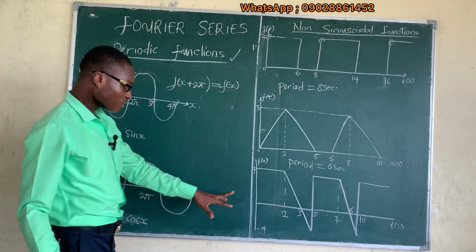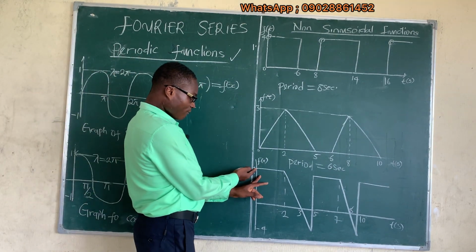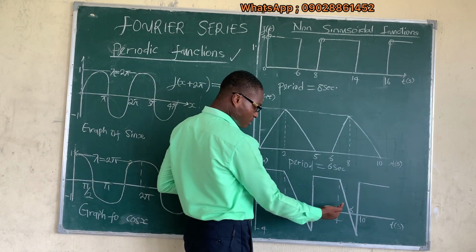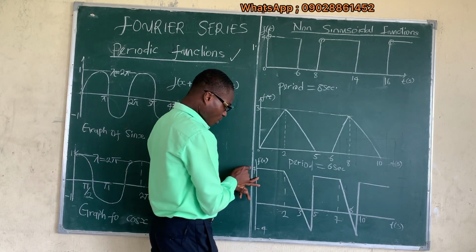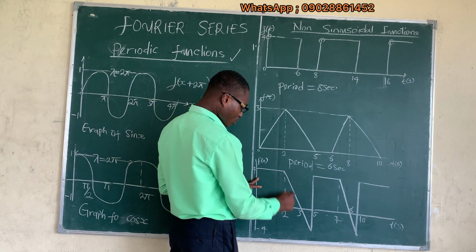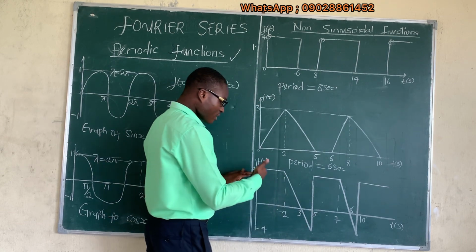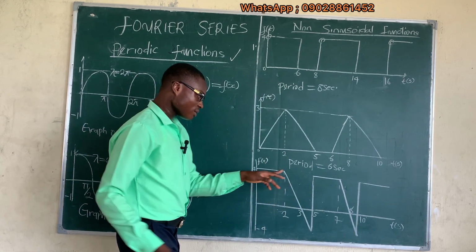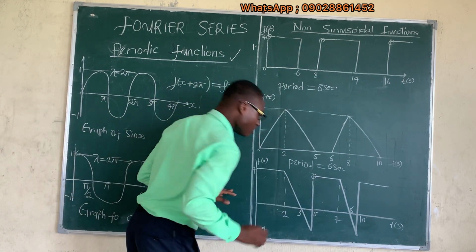And for the last one, we have the start point from 4 going this way. Where we have a similar start point is at 5. If you can observe where we have the function going this way, we also have the similar function going this way. So it means that this is where we have the similar function.